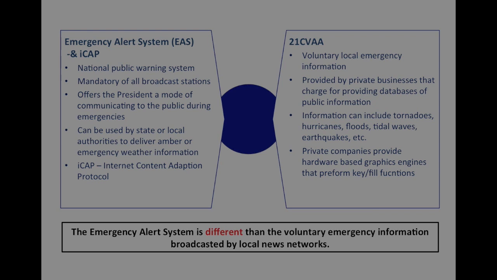This information is gathered by private companies and then exported in a key format to the lower third, generally, of a program video. These are different systems, and we will be addressing 21 CVAA compliance, not the EAS system.